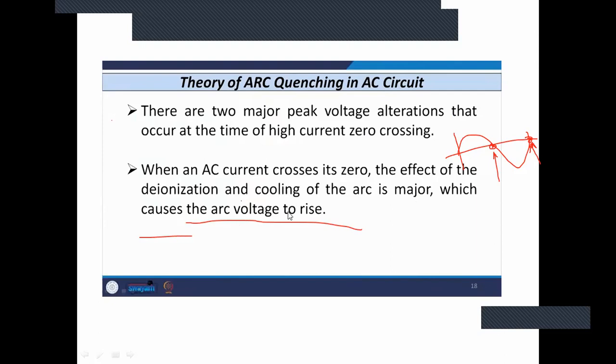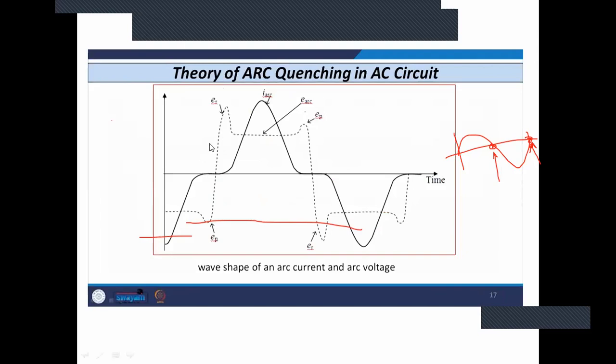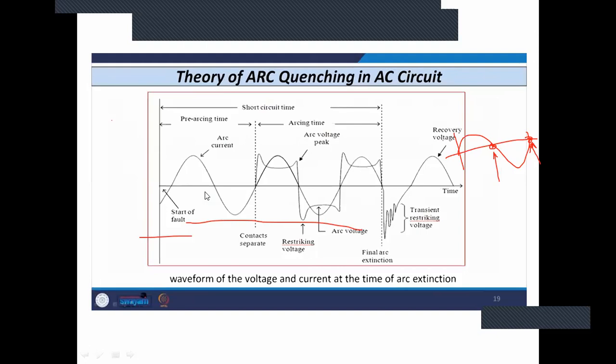At this point the voltage is raised, ER and EP, rising voltage. This occurs at the zero crossing point. This is the pre-arcing time, this is the arcing time, and this is the recovery voltage.